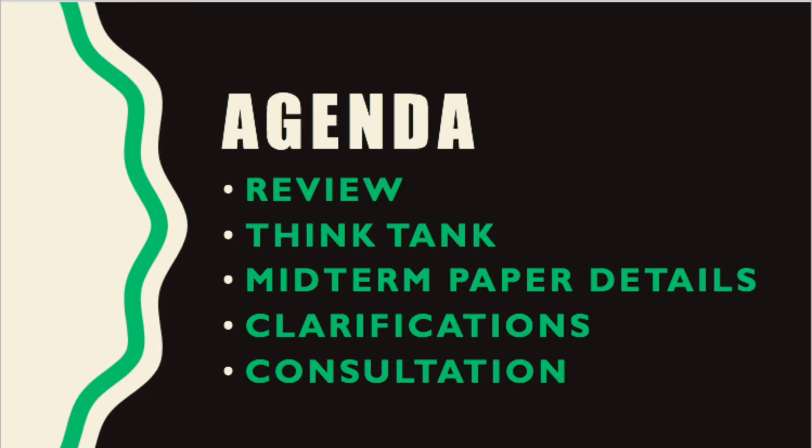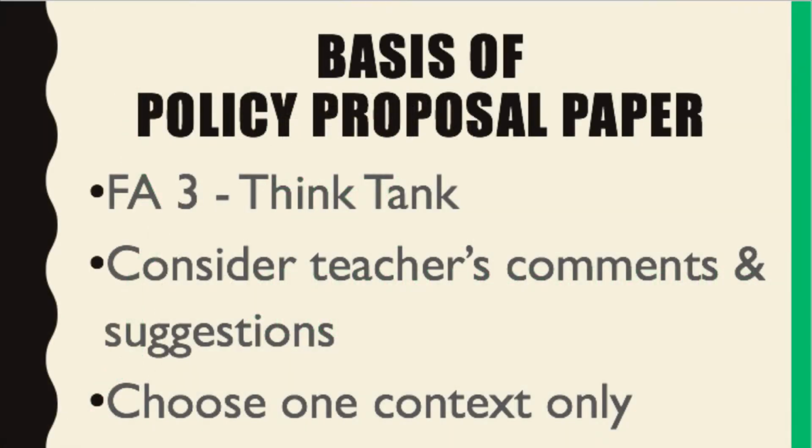Now, for your midterm paper, we have allotted formative assessment 3 to serve as a guide and outline in writing your midterm paper. When you submit your think tank, and after I am done checking it, I hope you will consider the comments and suggestions given when you choose the topic for your midterm paper. The first thing to consider in choosing the topic is its viability based on the comments and suggestions, and of course, further thinking about the topic.